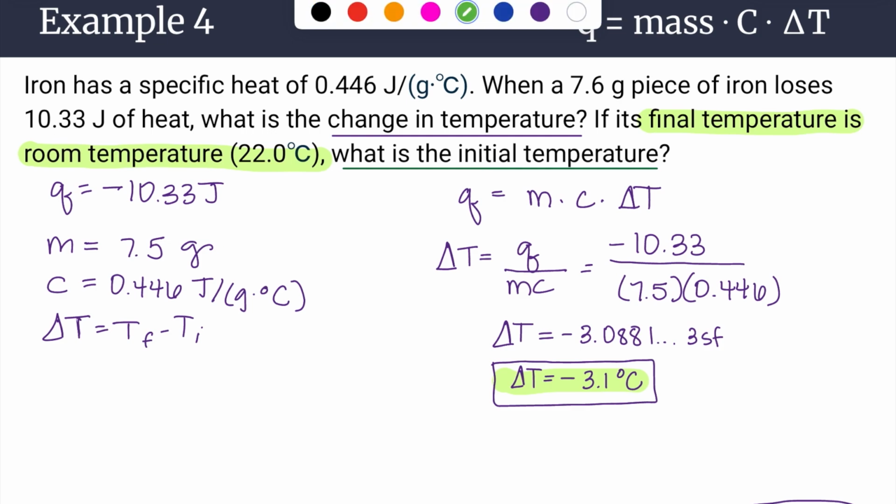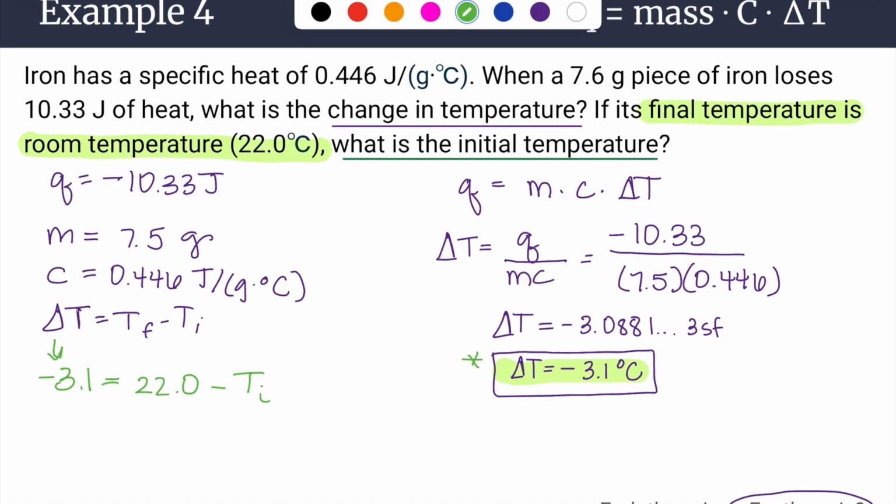And so I can go ahead and plug in those things that I have. I have negative 3.1 is my delta T. I'm plugging that in from here. That's going to equal T final, 22.0, minus T initial, and I need to just solve this equation for my T initial. Having that minus T initial is a little funky, so if you want, move that over there, or you can just divide by a negative at the end.